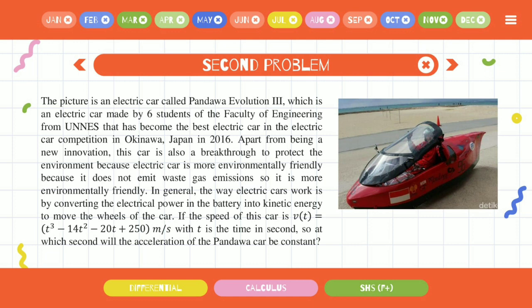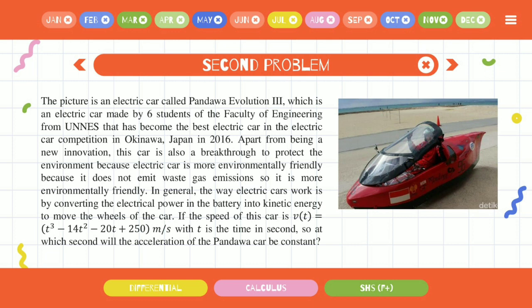Did you see the picture of the car? Yeah, this car is the Pandawa Evolution 3, which is an electric car made by 6 students of the Faculty of Engineering from UNES. Wow, that's amazing, right?